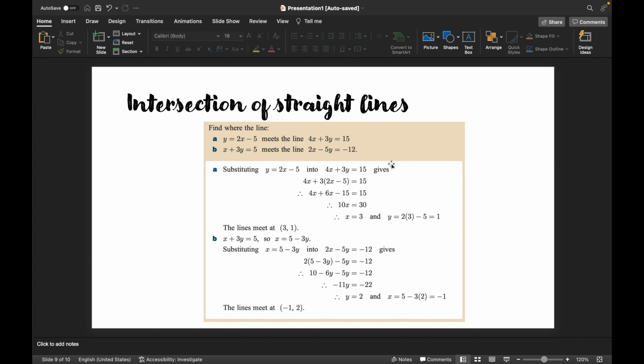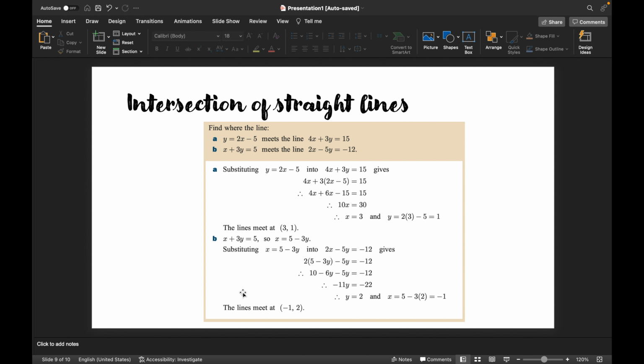When they do this, they get 4x plus 3 into 2x negative 5 equals 15. Upon simplifying, they get 10x equals 30. When they divide both sides by 10, they get 3. Then when you plug 3 into either one of these equations, you'll get the same answer, which is 1. So the lines will meet at (3, 1).